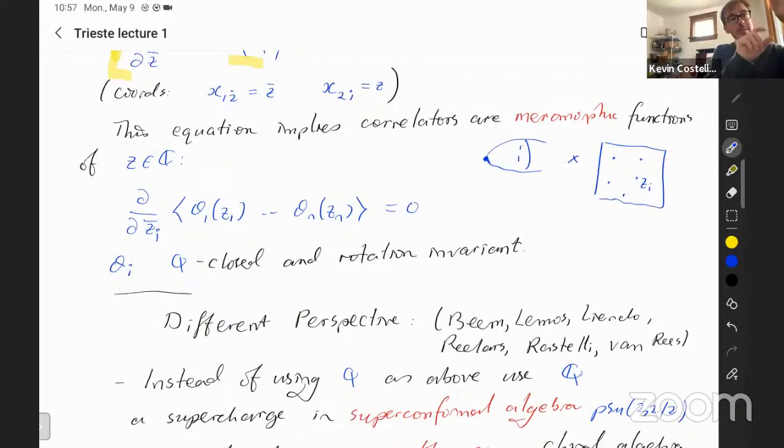So the answer is yes. What happens is, if instead of thinking about it as a 4D theory on a cigar, we compactify to a 3D theory along that circle, the effective 3D theory becomes topological in the bulk with a chiral non-topological boundary condition.